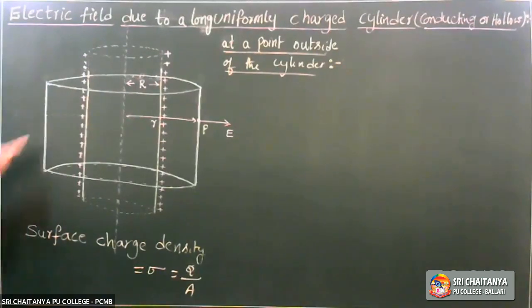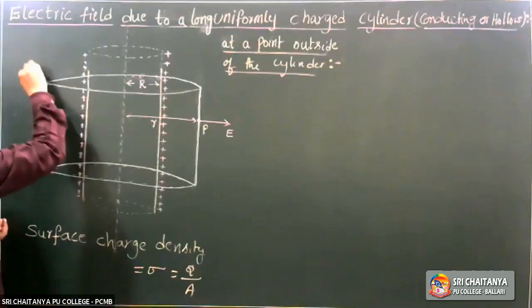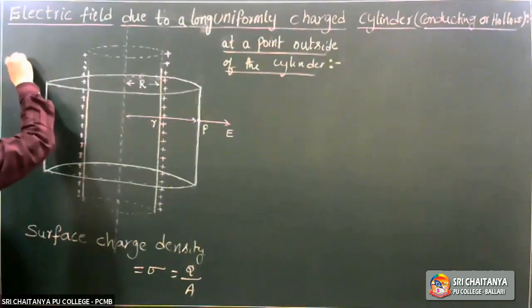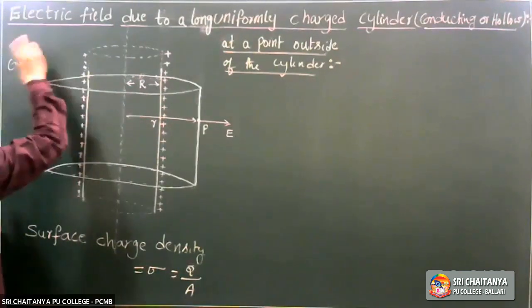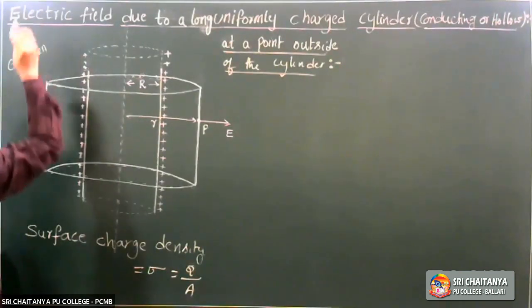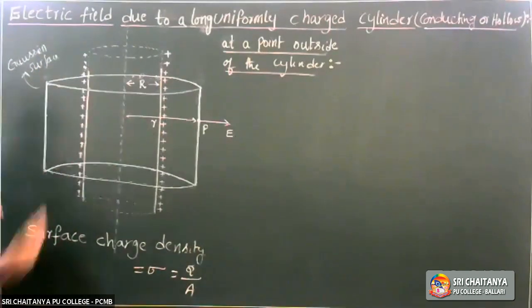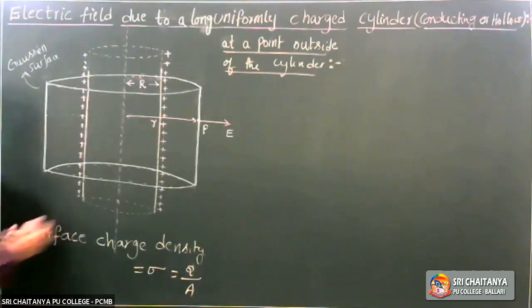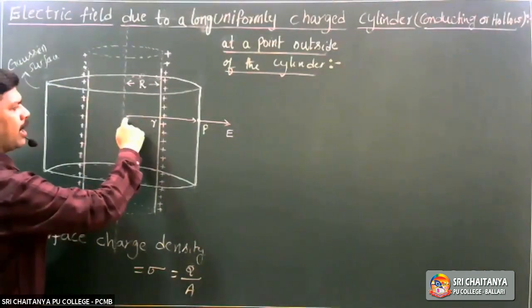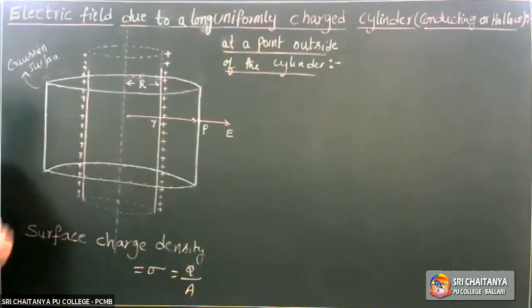How is the Gaussian surface? It is like a cylinder. We have to draw a Gaussian surface by taking the axis as the center.